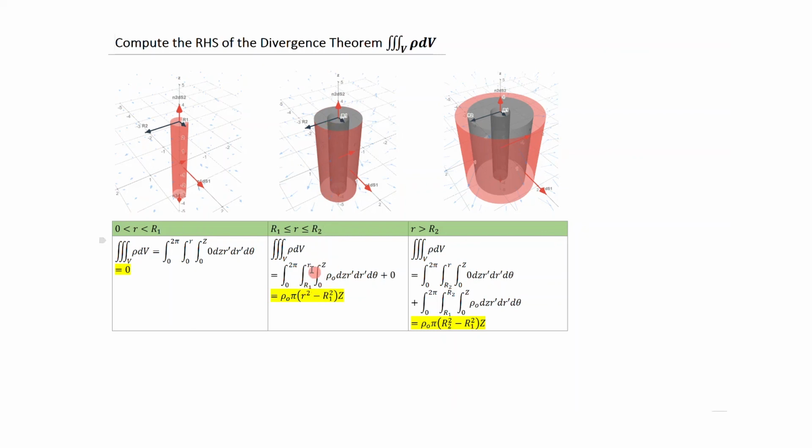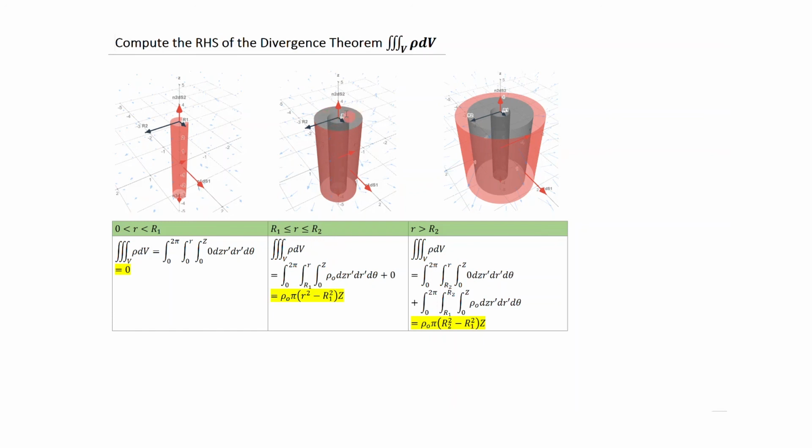And this extends to some arbitrary value of R, right up until you reach the outer surface when R is equal to R2, but no further than that. And again, because we're going once around the circumference, it's from 0 to 2 pi. So this integral computes the total charge enclosed in just this region between R1 and R2.